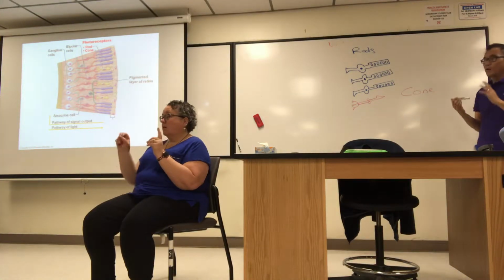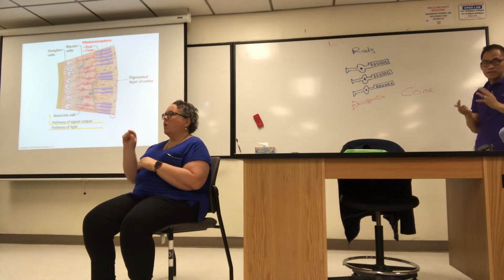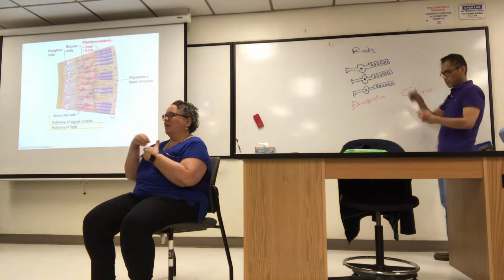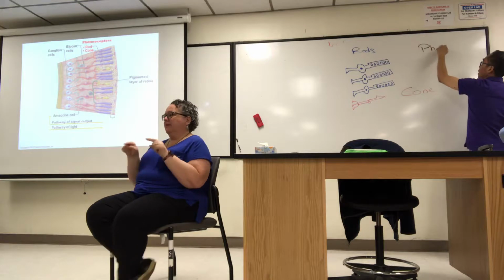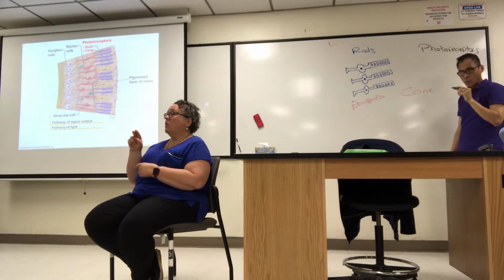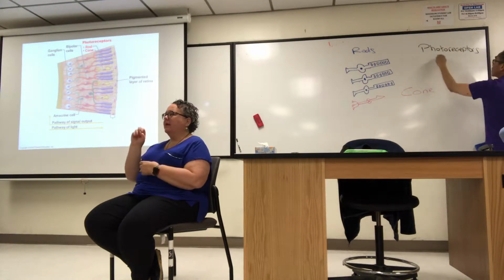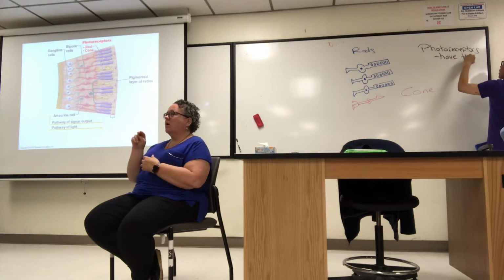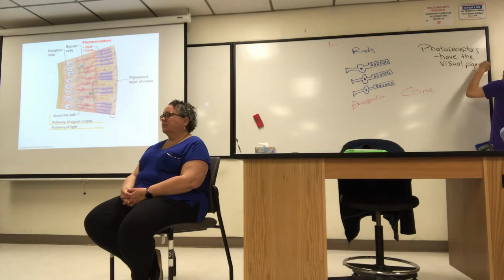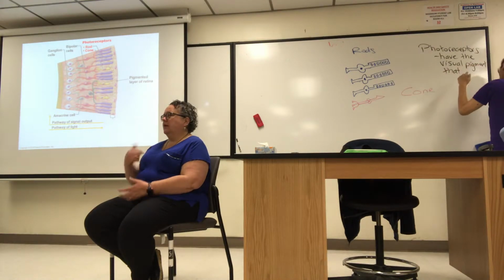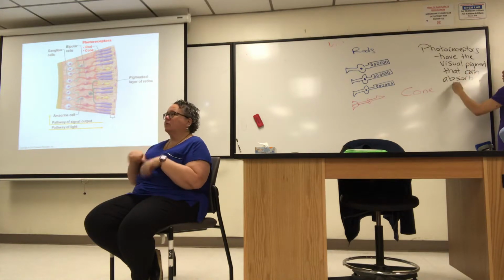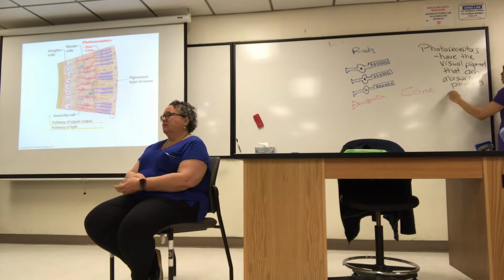Rods and cones are your photoreceptors, named for the shape and appearance of this external segment. Photoreceptors have the visual pigment that can absorb photons of light. I'm writing here, have the visual pigment that can absorb photons of light.